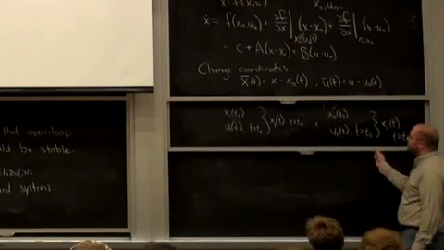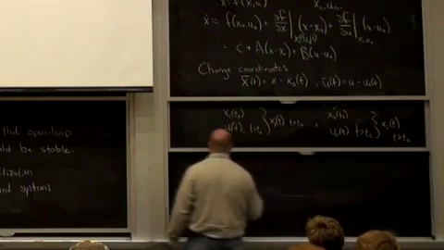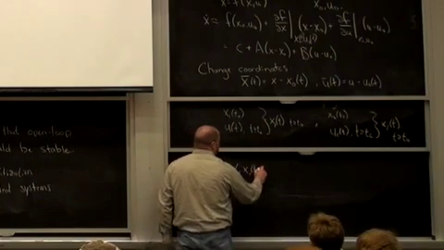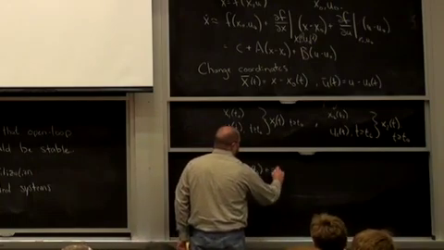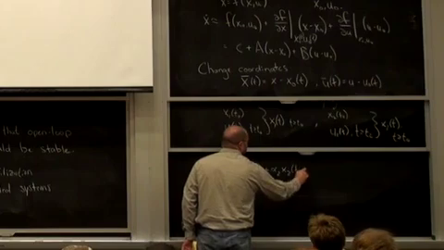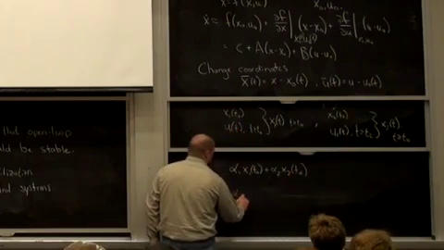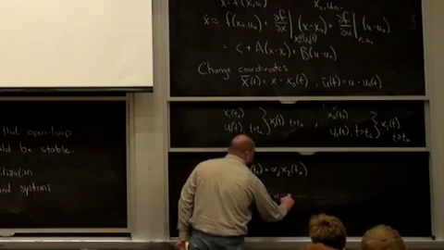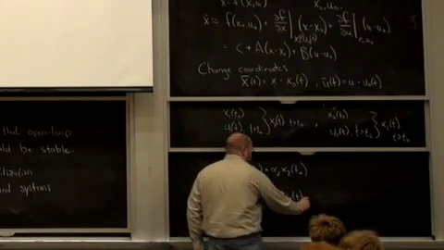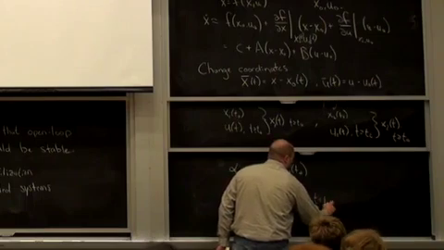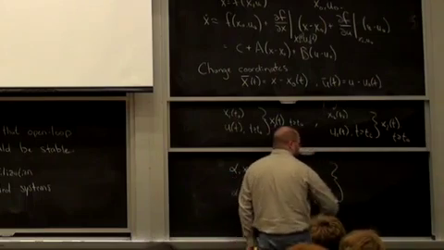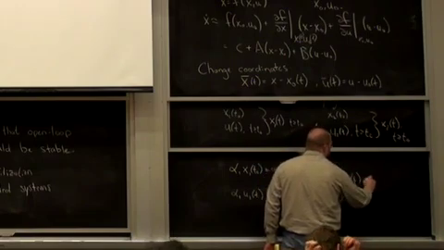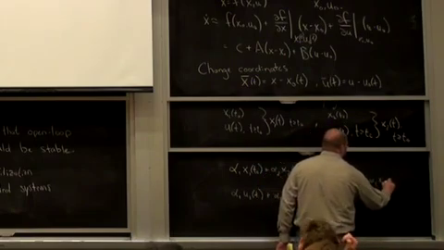If I have that, then it better be the case that alpha 1 x1 of t0 plus alpha 2 x2 of t0, with alpha 1 u1 plus alpha 2 u2, is going to result in a trajectory which is alpha 1 x1 plus alpha 2 x2.